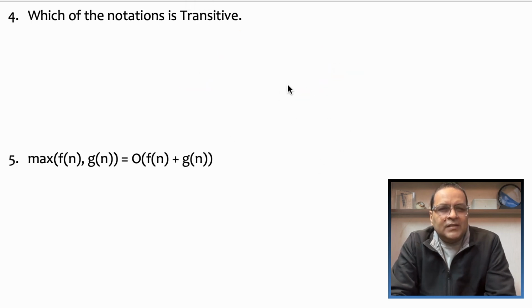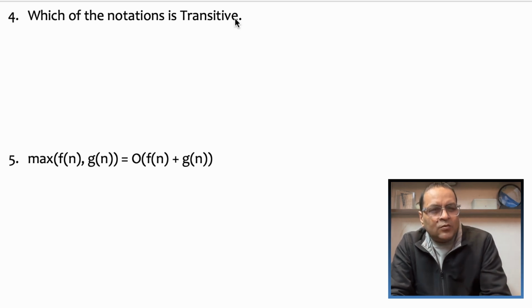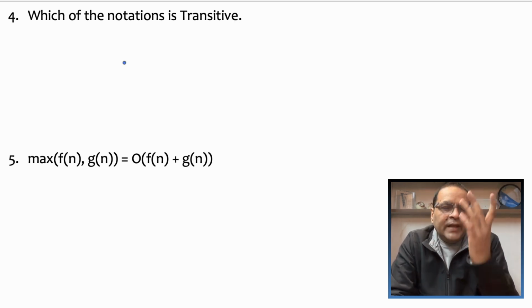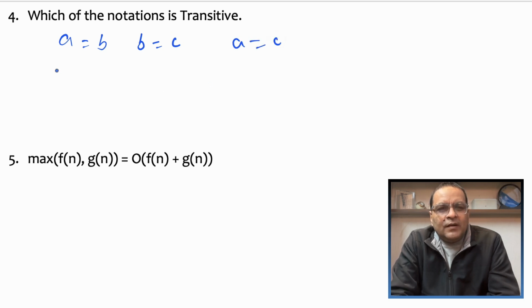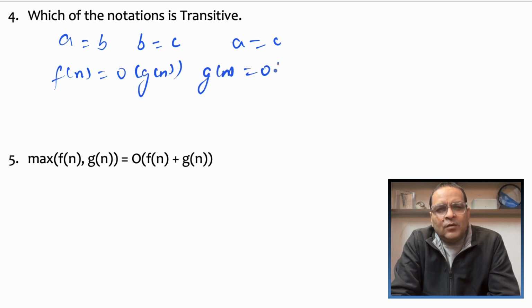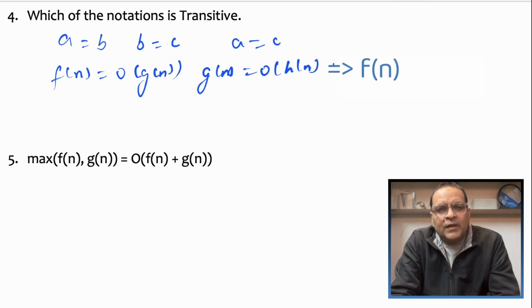Next question is about transitivity. Transitivity means that if A is related to B and B is related to C, then A should be related to C, like equality in mathematics. So if A is equal to B and B is equal to C, then by transitivity, A is equal to C also. Can we say that if f(n) is big O of g(n) and g(n) is big O of h(n), this implies that f(n) is also big O of h(n)?